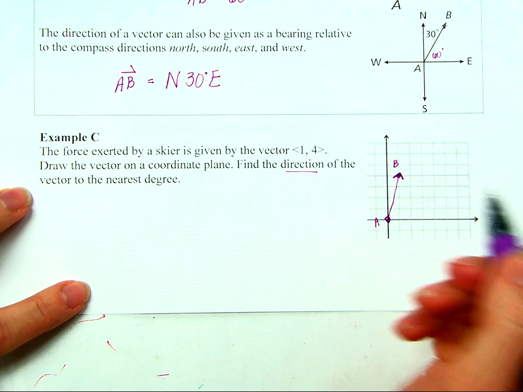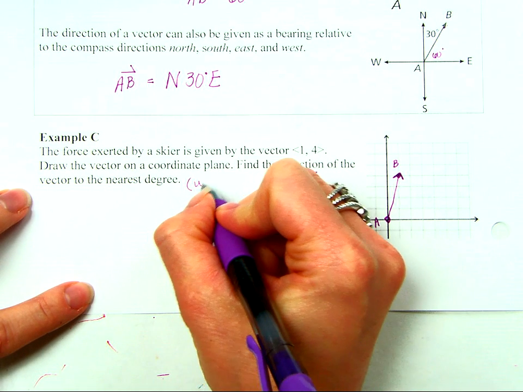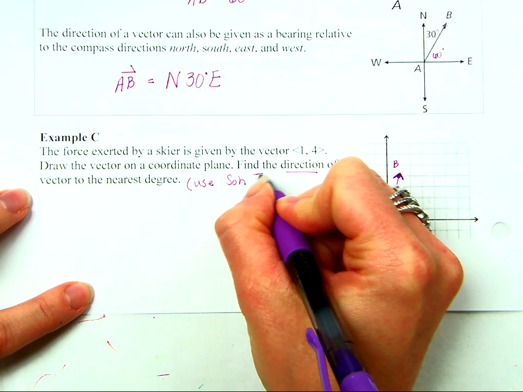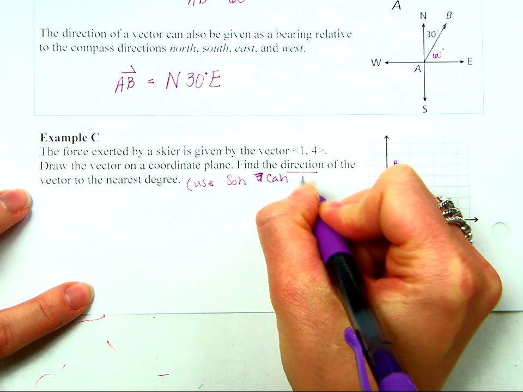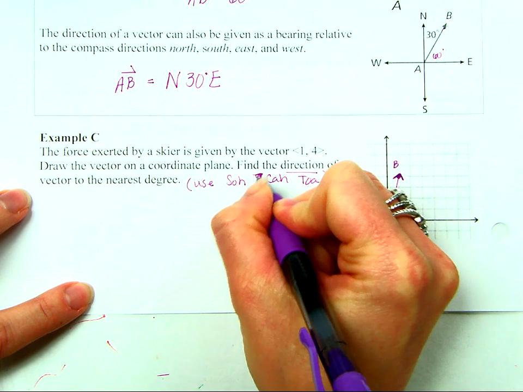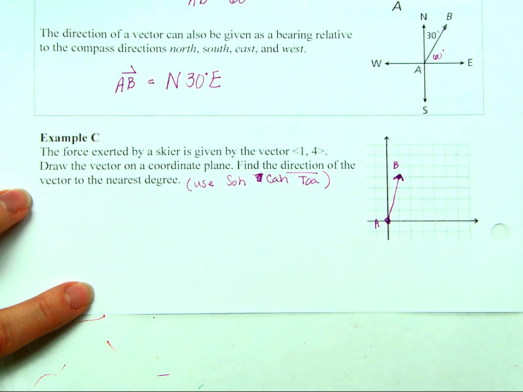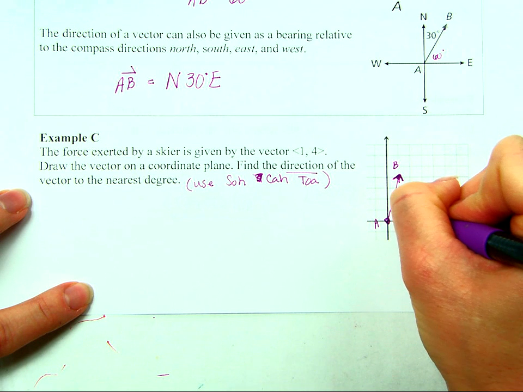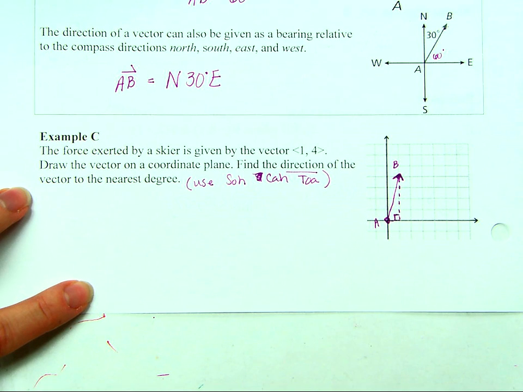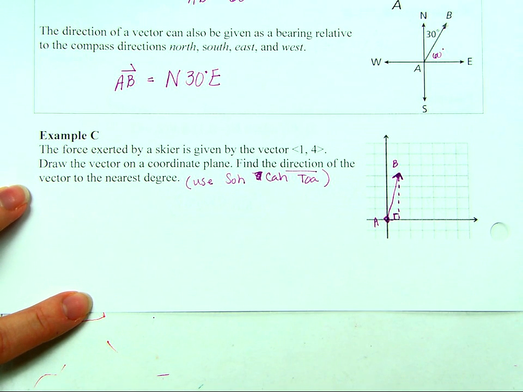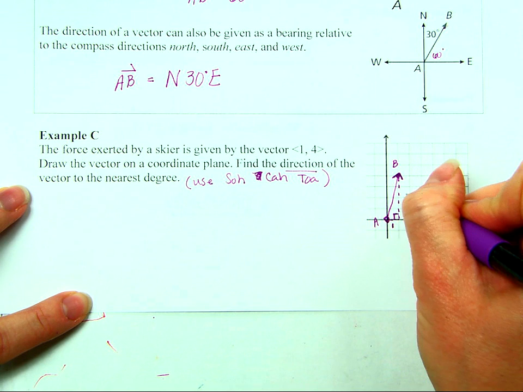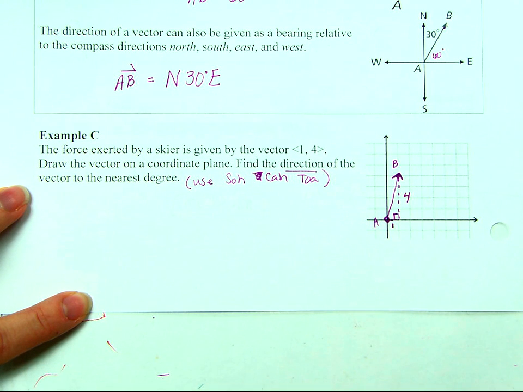For us to find the direction, we are actually going to use a little trick. We're going to think about using our SOHCAHTOA. Why is that? Well, if you look, we can form a right triangle, and in our right triangle, we have legs with a length of 1 and 4. What's my direction?